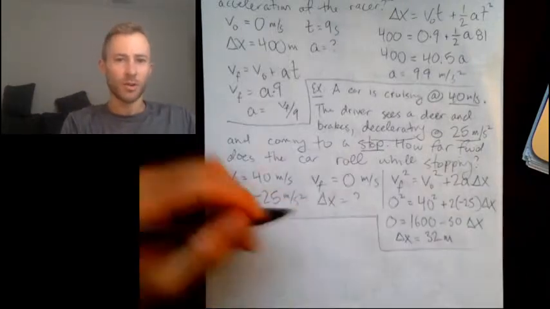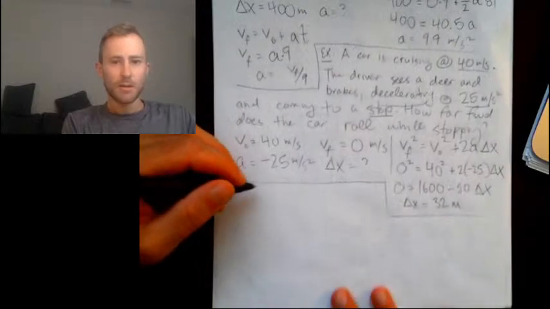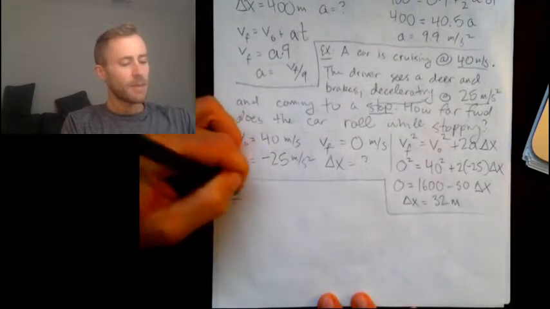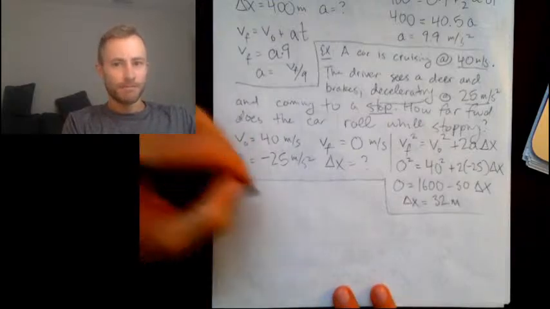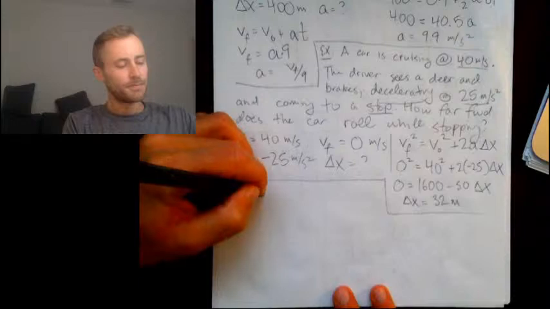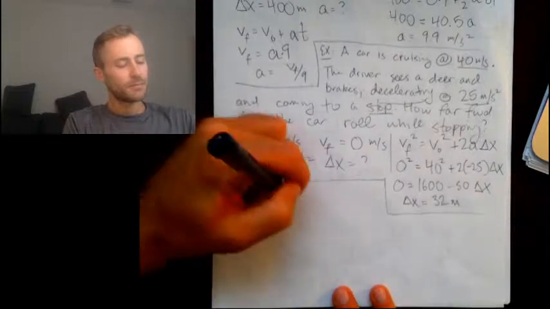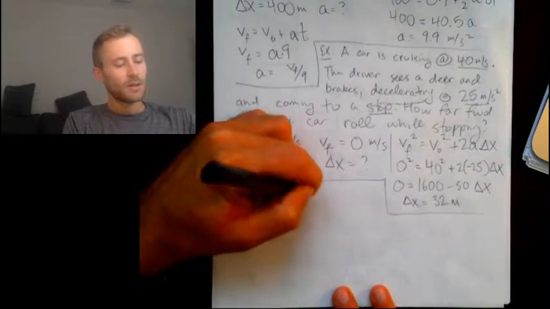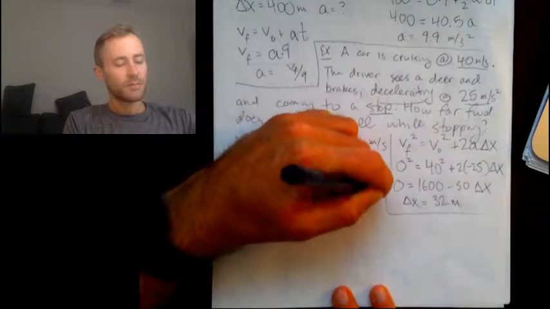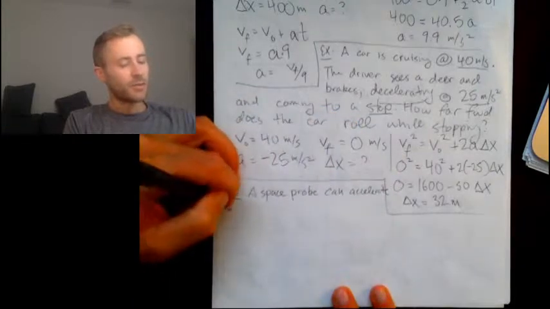All right, we'll do one more example, and then transfer to the Zoom room. A rocket, or I'm going to say a space probe, can accelerate at 30 meters per second squared.